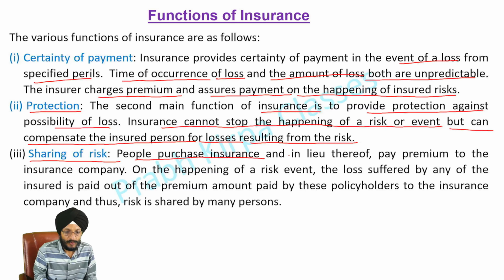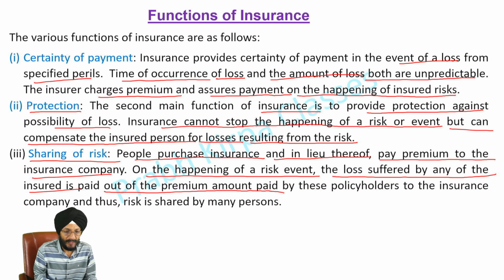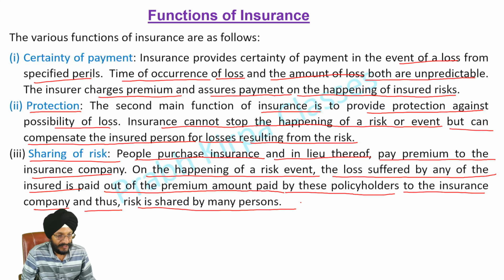People purchase insurance and in lieu thereof pay premium to the insurance company. On the happening of a risk event, the loss suffered by any of the insured is paid out of the premium amount paid by these policyholders to the insurance company, and thus risk is shared by many persons.